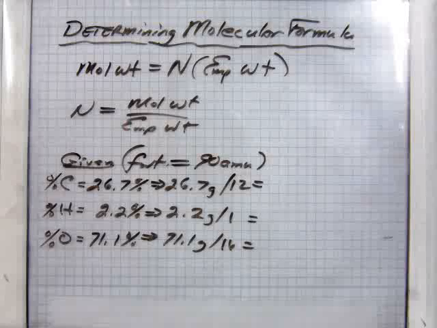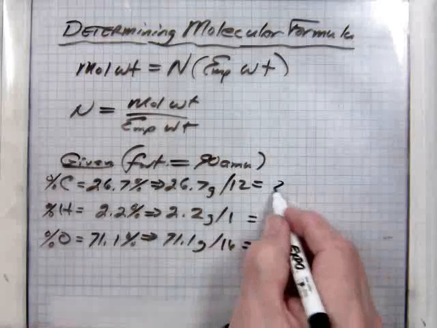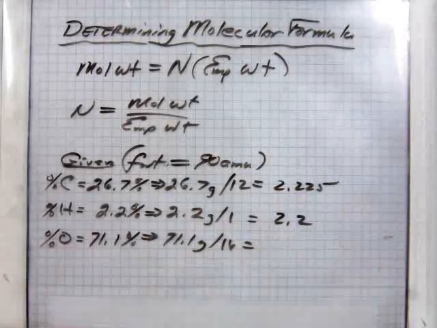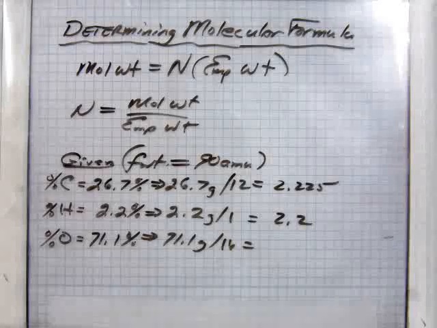And it's 2.225, and 2.2, probably 2.225 also. 71.1 divided by 16 is 4.444.